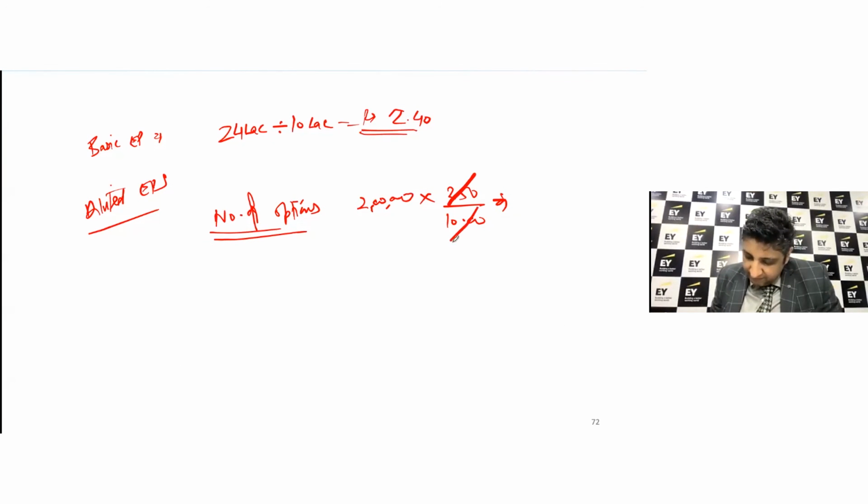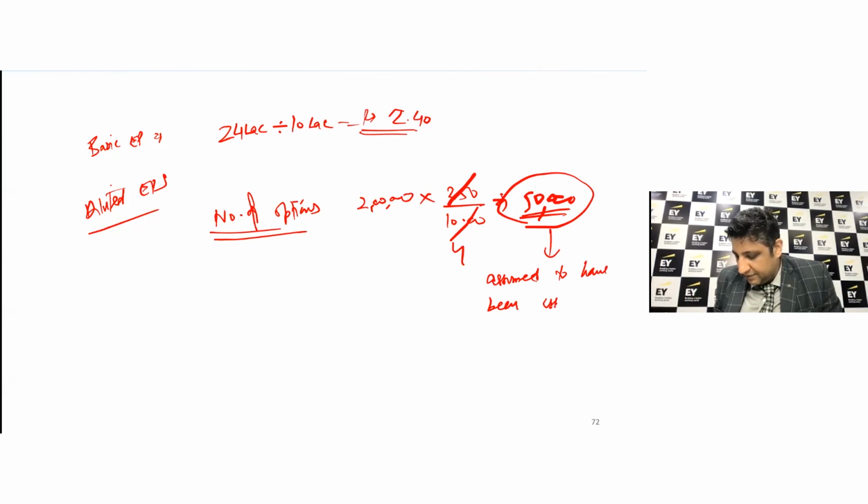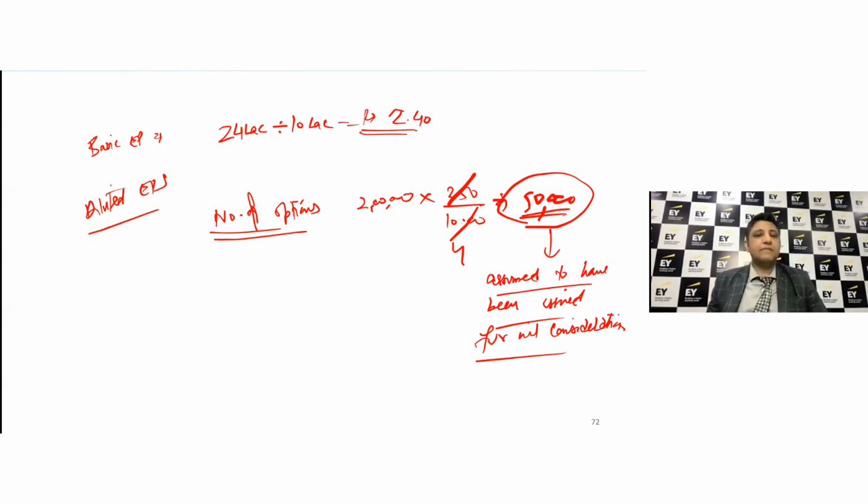Now this comes to 1/4, which means there are 50,000 shares which add to the dilution. These are the number of shares which are assumed to have been issued for nil consideration.